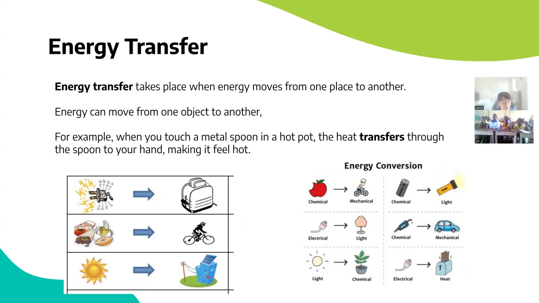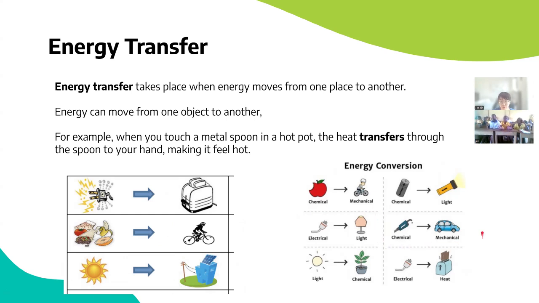And there is also solar radiation energy that is converted to electrical energy, which we saw using the solar panel. And there is electrical energy producing light. If you have a light bulb that is powered by electricity, it gets converted to light.